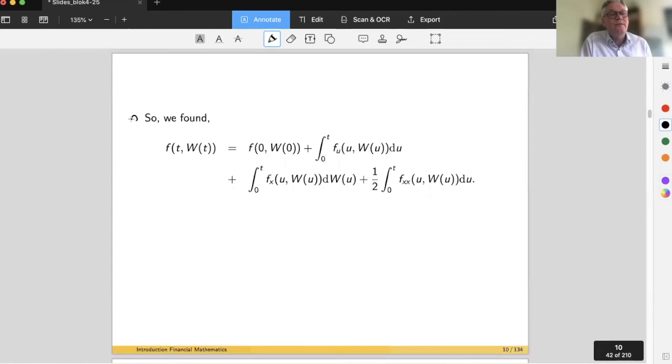So let's recap. What did we find? What is the Ito-Doeblin formula for Brownian motion?